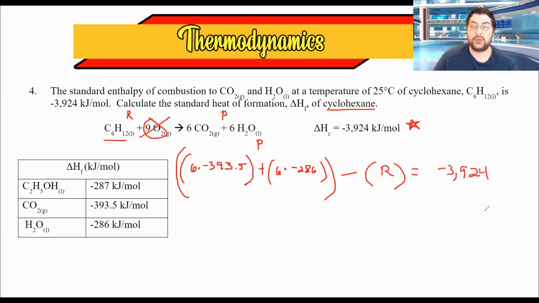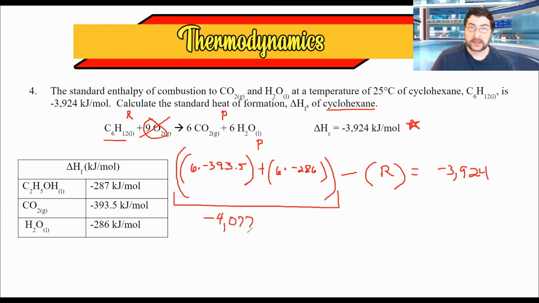3,924 kilojoules per mole. So this is basic algebra. Our variable is R. We're solving for R right now. So let's see here. We can go ahead and figure out what all of this is for our product side, and I'm getting negative 4,077 for that number.